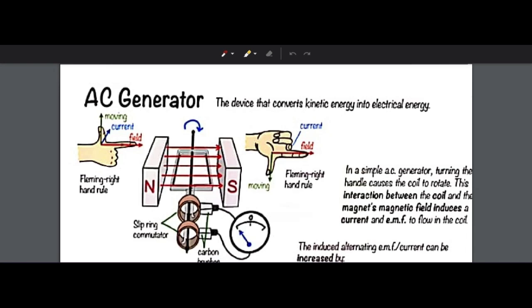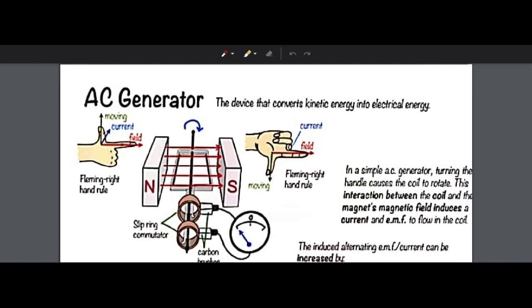Yes. Electromagnetic induction is the process of generating an electric current or electromotive force by changing the magnetic field around a conductor, and that will induce a current known as EMF. Very good.